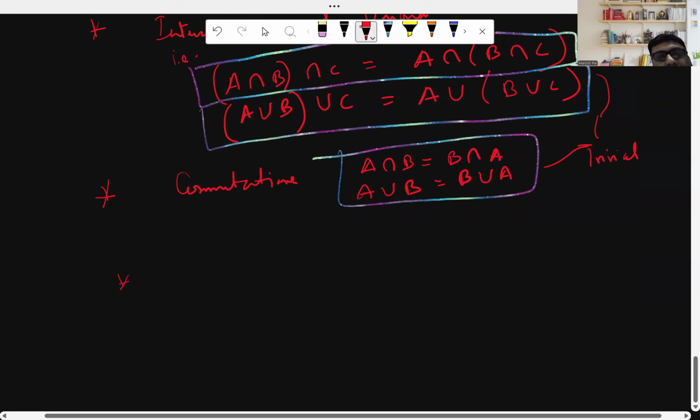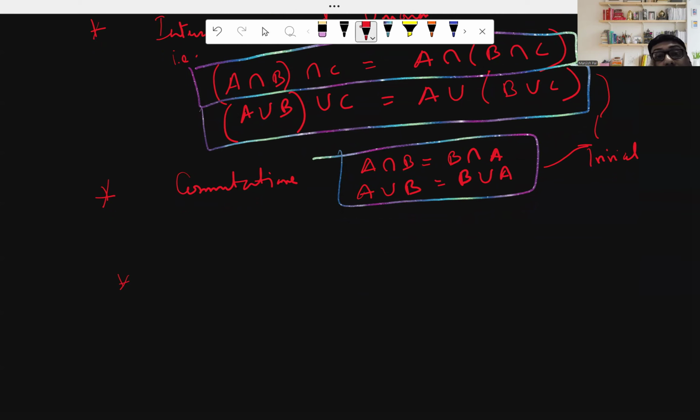The first somewhat non-trivial property is the distributive relationship of union and intersection.